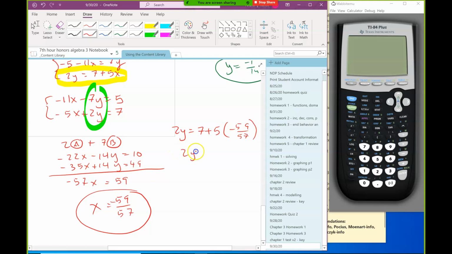So 5 times 59 is 295. And if I make a common denominator with the 7, 7 times 57 is 399.